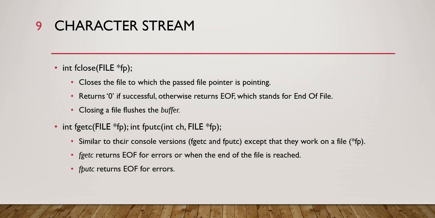This file pointer means where we are reading from, and this file pointer means where we are writing to. Whatever we read using fgetc will be returned as an integer, which is why the return type is int. It is a character, but it is returned as an integer because characters have ASCII values too. In the case of fputc, ch is the character that we are going to write in the file. They are actually similar to their console versions. The only difference is that they work with a file pointer.